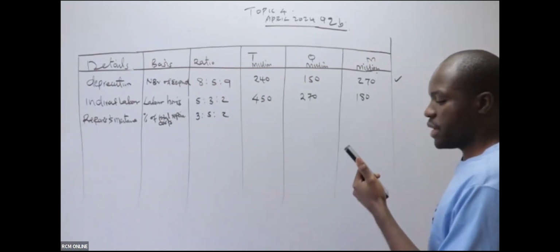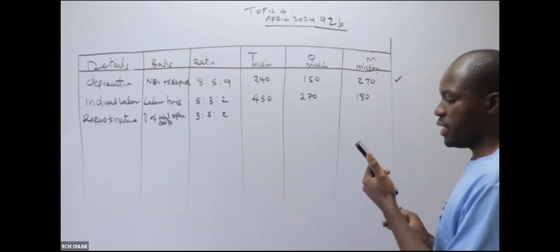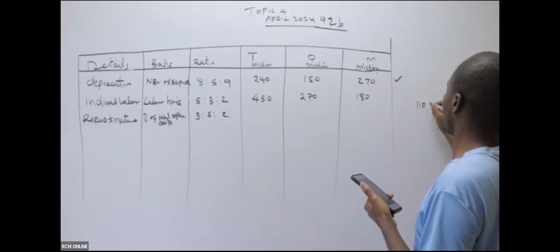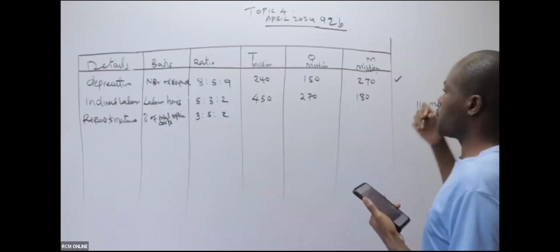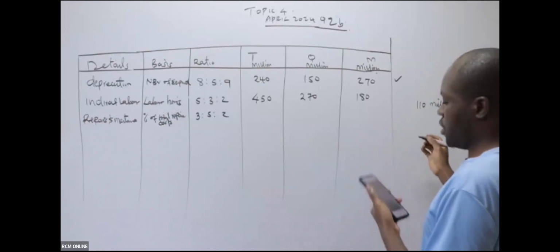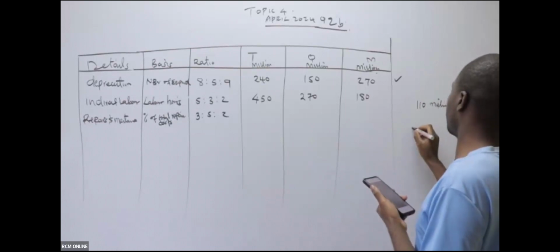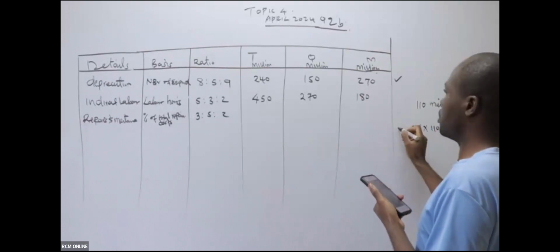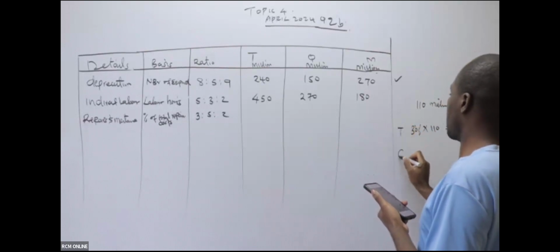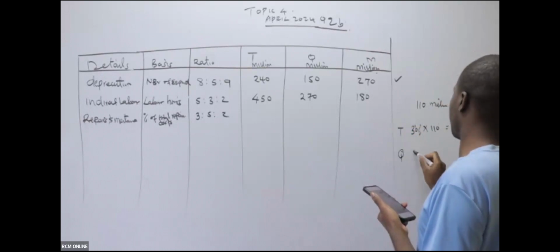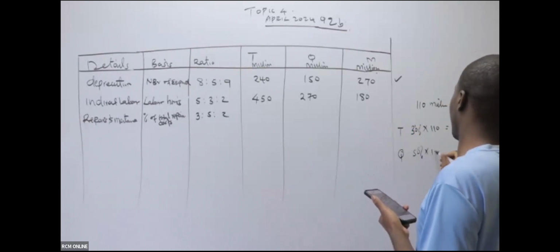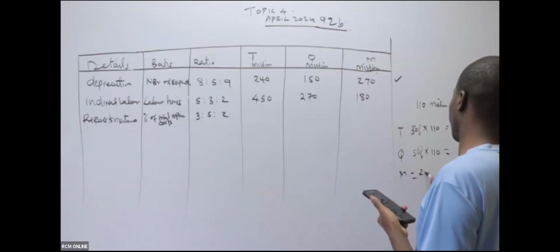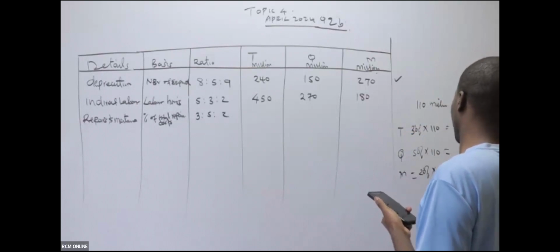So if you look at our repair and maintenance costs, we have 110 million. Supposed to be distributed based on percentage. So we have 30% of 110 going to T. Q, we have 50% going to Q. And of course, M, we have 20% going to that department.